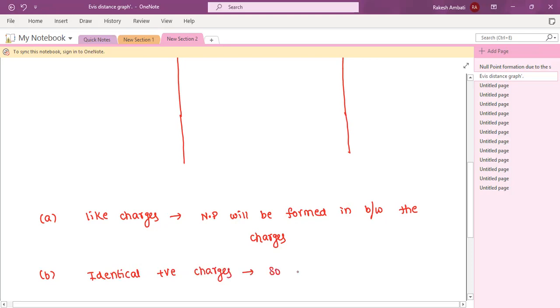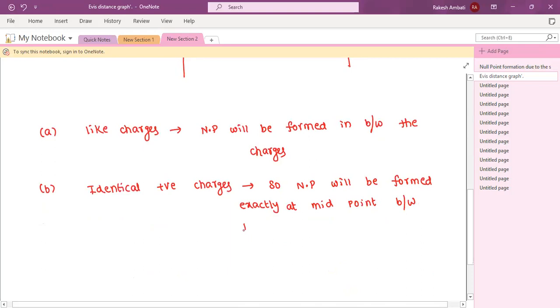So the null point will be formed exactly at the midpoint between the given identical like positive charges.